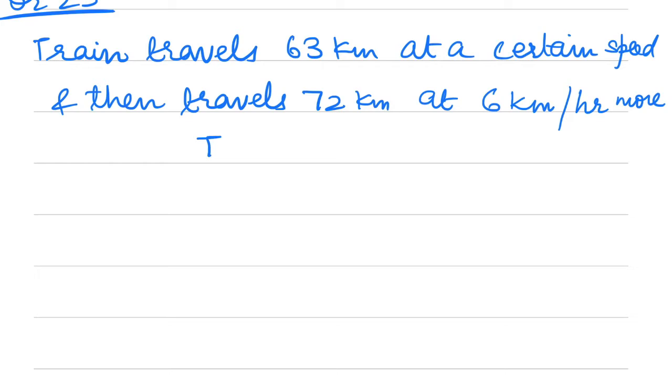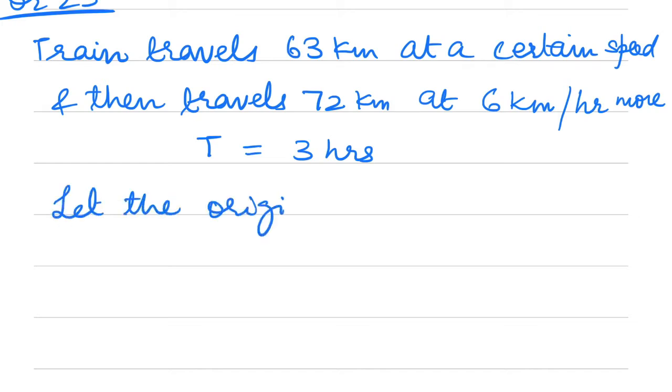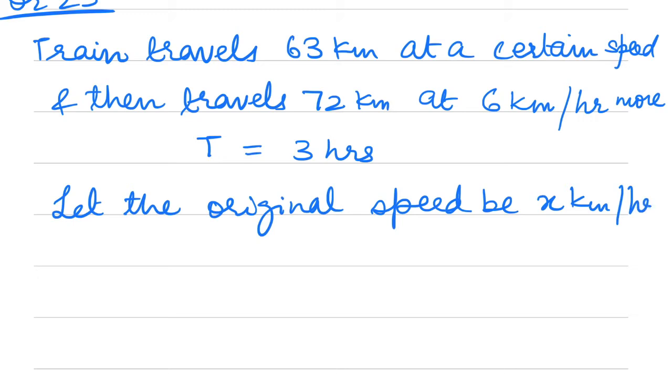The total time taken for the journey is 3 hours and we have to find the original speed. So let the original speed be x km per hour, and we know the total time. So first travel time plus second travel time is equal to 3 hours.